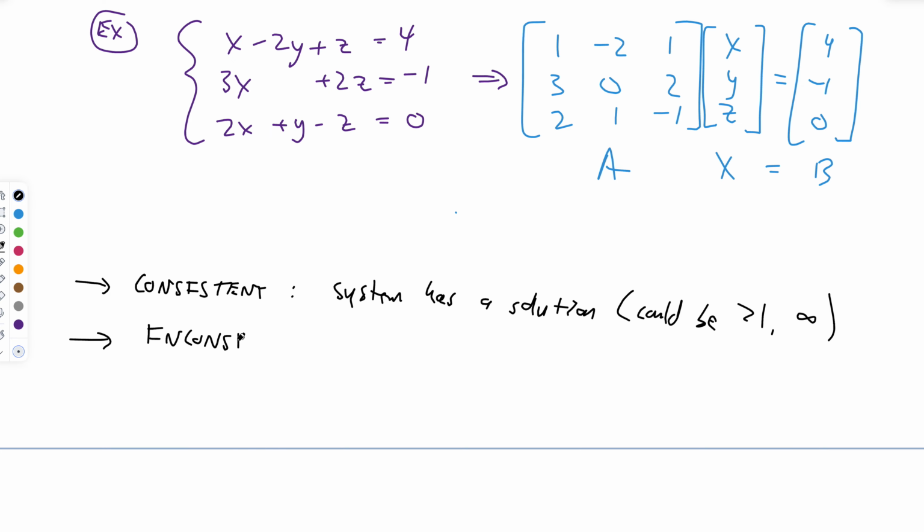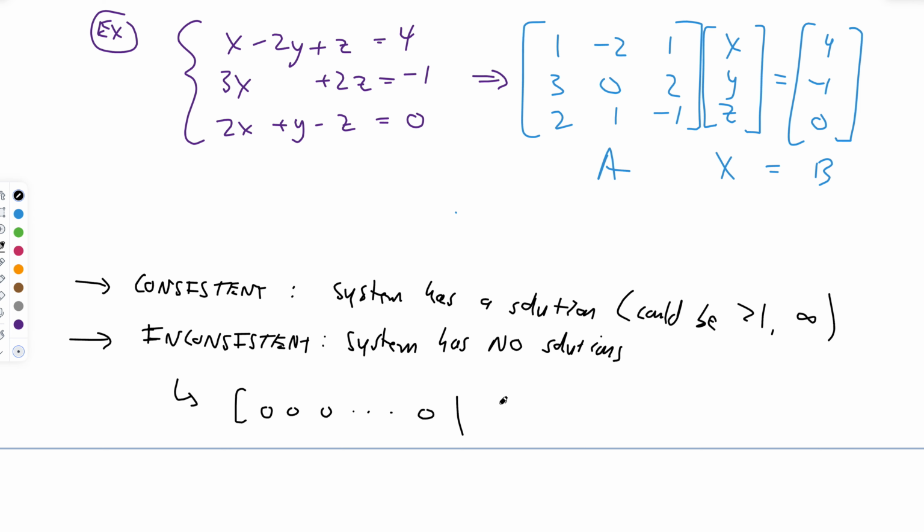You would be inconsistent, I'll take a guess, if your system has no solutions. Now, when would this happen? Well, you can see this very obviously. You would have no solutions when you have some row that was a bunch of zeros, and then on the right side, you have some constant.